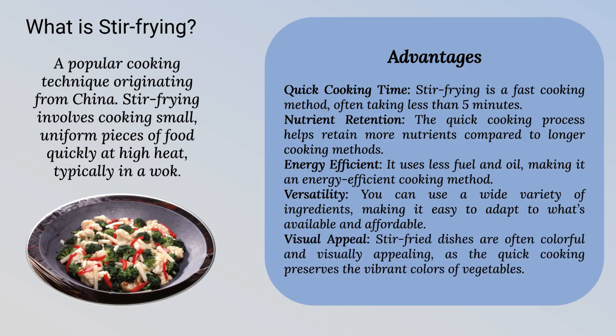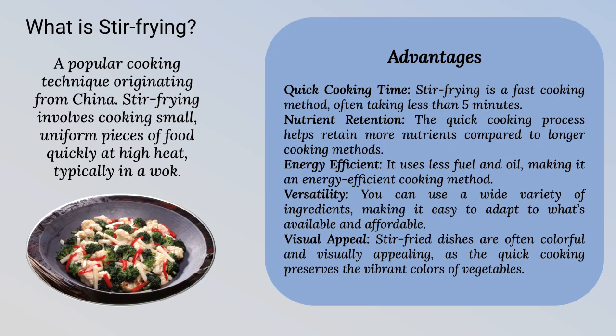And visual appeal, that is very, very important. Stir fried dishes are often colorful and visually appealing. It looks so colorful, glossy, and tempting as the quick cooking and smoke is coming out, very hot served. So that is altogether very appetizing as the quick cooking preserves the vibrant color of the vegetables.